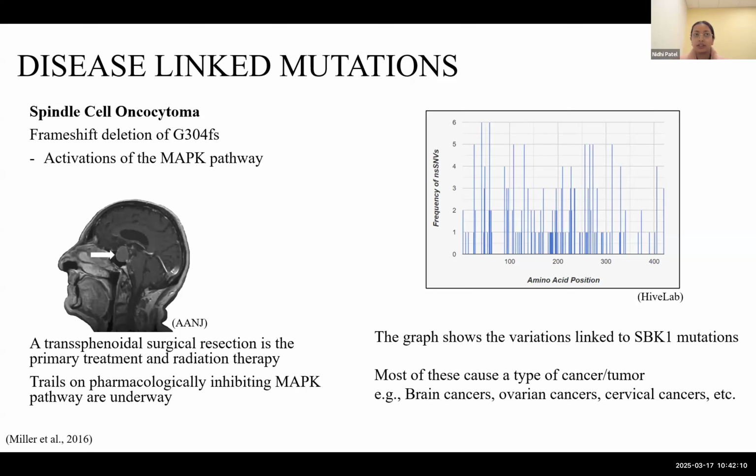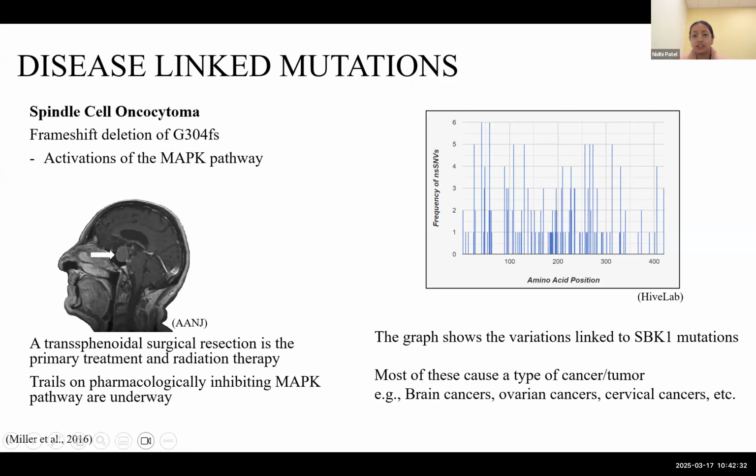However, sometimes it's not able to get rid of everything at the same time, so there have been recurrences where it comes back. So there have been ongoing pharmacological trials to inhibit the MAPK pathways. And there are over 400 variants linked to SBK1, as shown on the graph on the right.